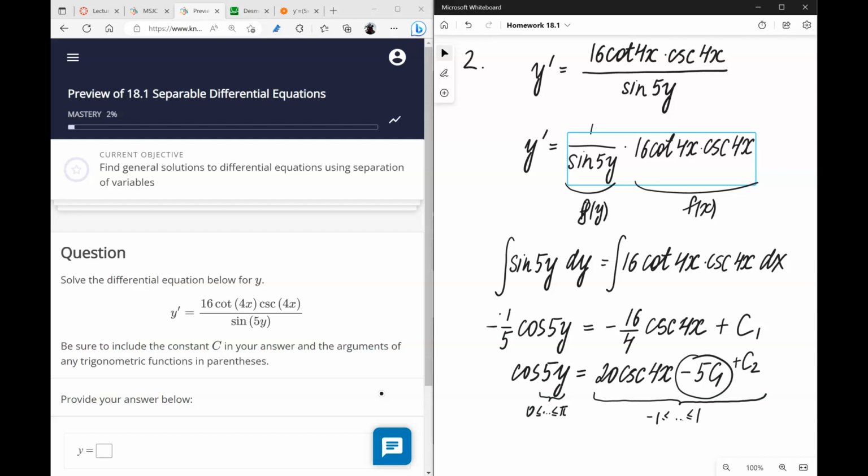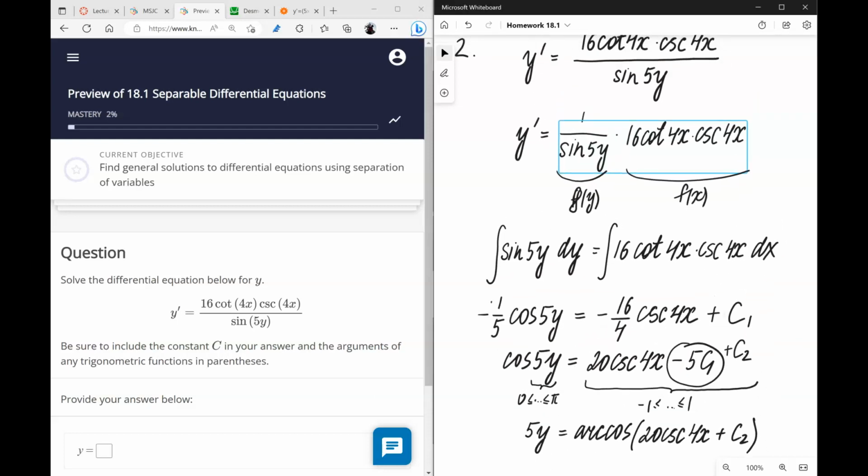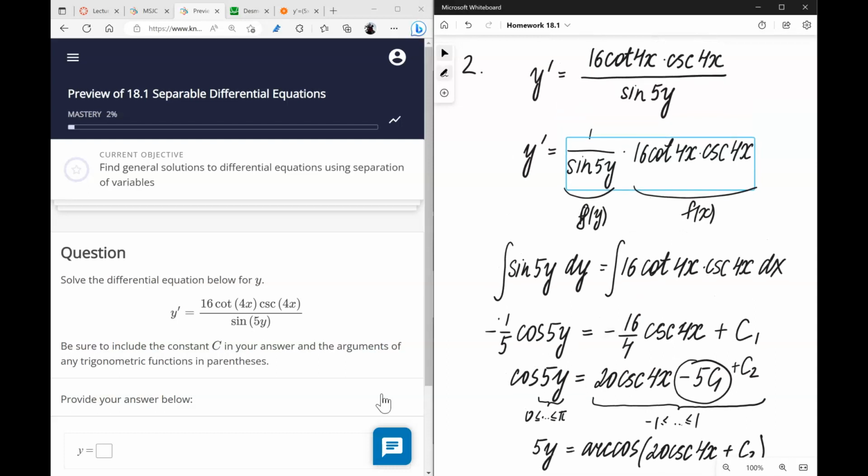So I think we have to make that constraint, and under these conditions 5y will be equal to arc cosine of 20 times cosecant 4x plus c2. And the last step we're going to perform, let me shuffle things around a little here.